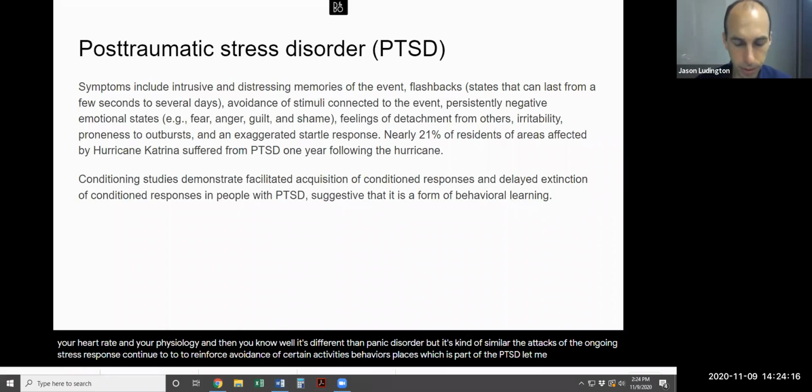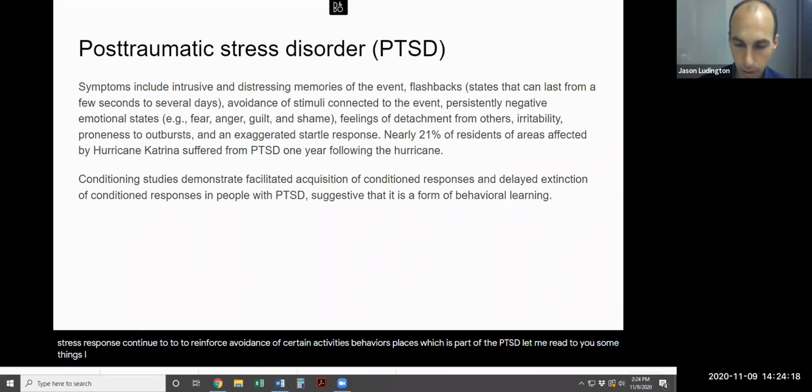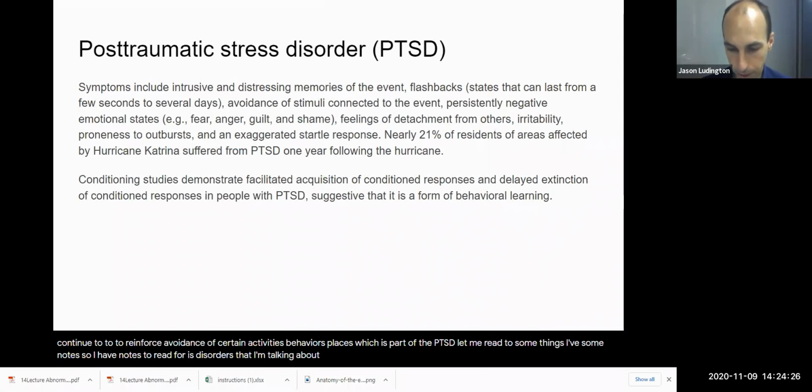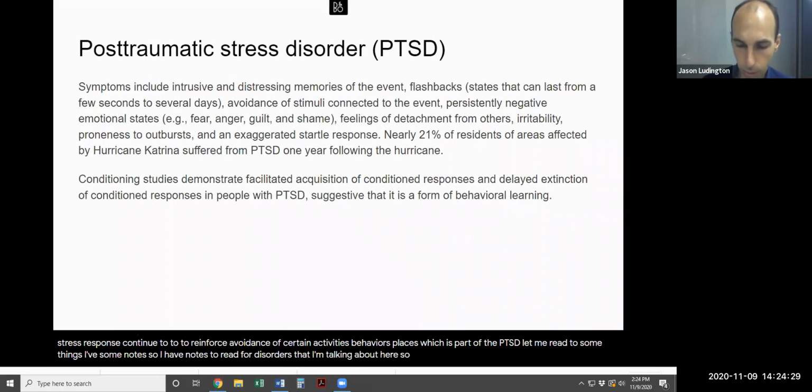Let me read to you some notes. So I have notes to read for all of these disorders that I'm talking about here. Social support following a traumatic event can reduce the likelihood and intensity of PTSD.